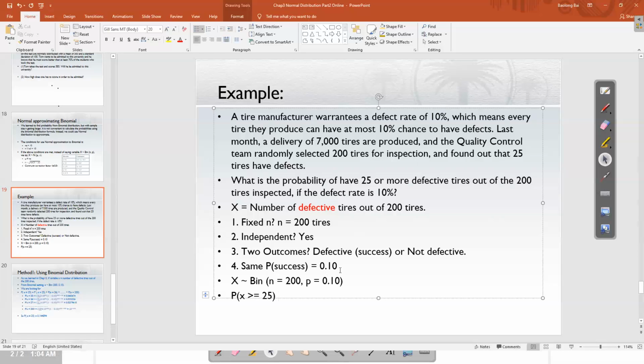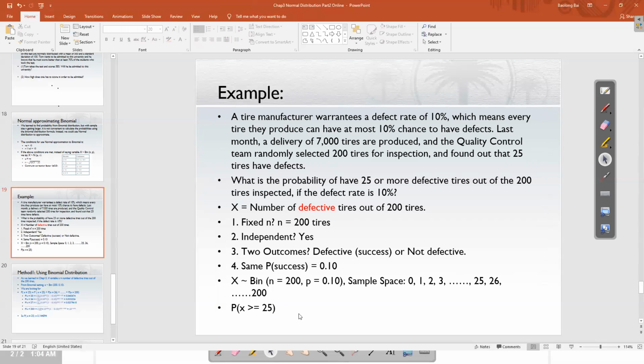Then you realize the sample space of the variable will be 0, 1, 2, 3, up to 25, 26, and up to 200, from 0 to n.